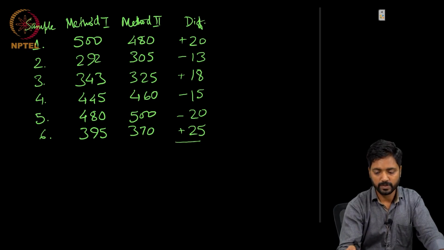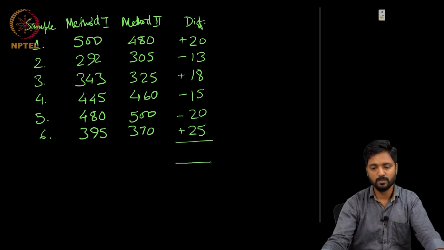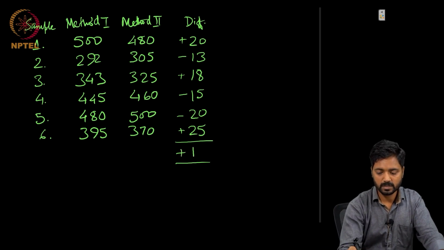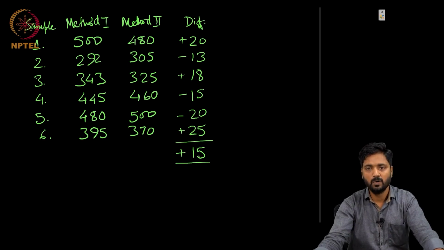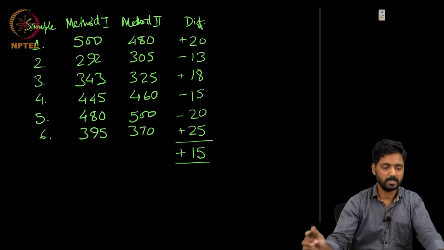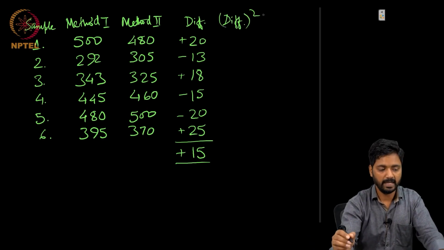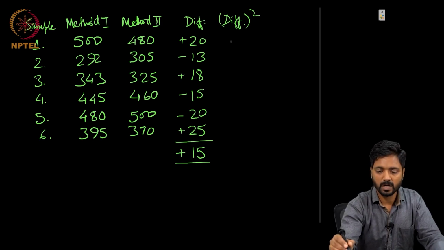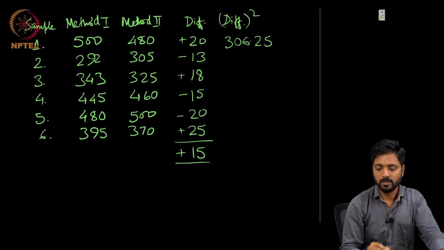So, if we sum up all these differences, then the total sum of the differences is plus 15, taking into consideration all the signs that are present. We also do the difference squared, and that number comes out as 306.25.